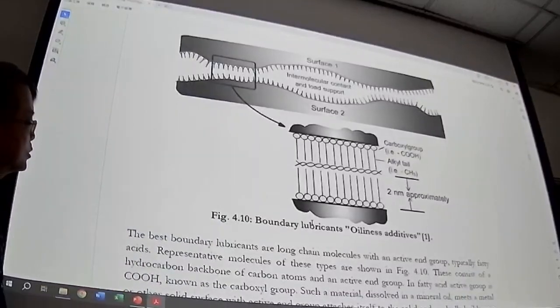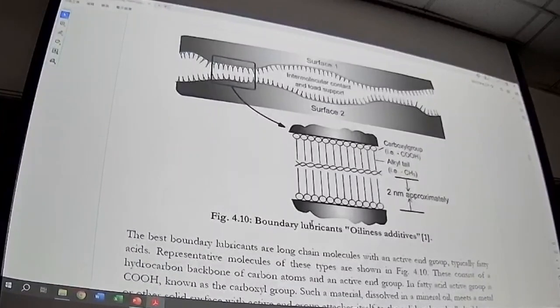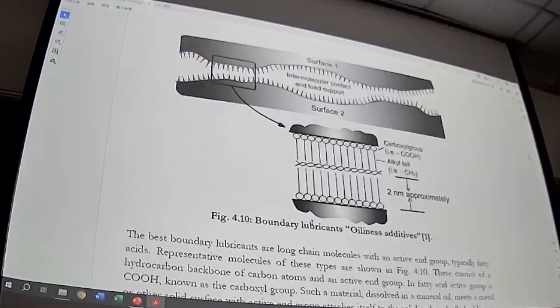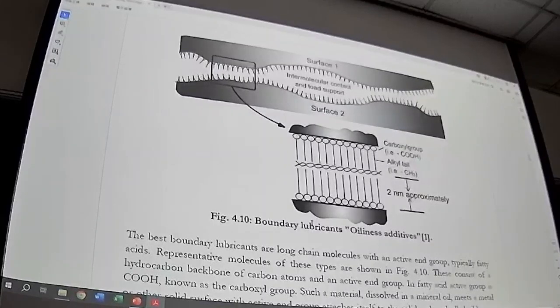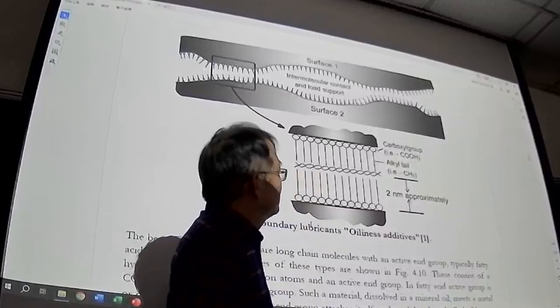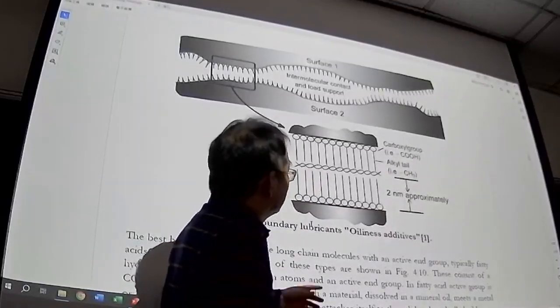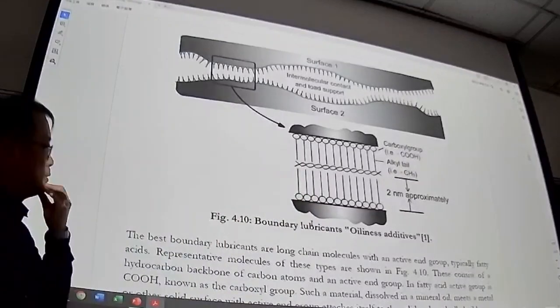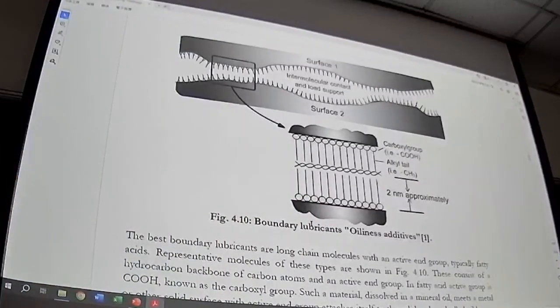Later on we will discuss the exact chemical composition or chemical name for the lubricant.